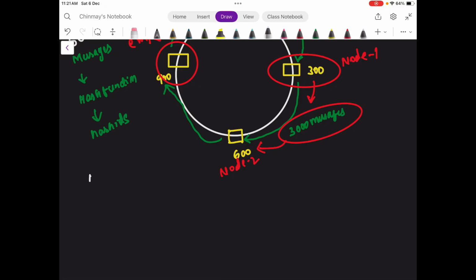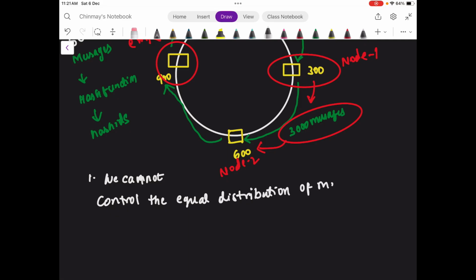First disadvantage: we can't control the equal distribution of messages across nodes.